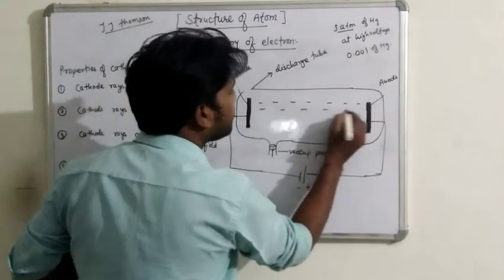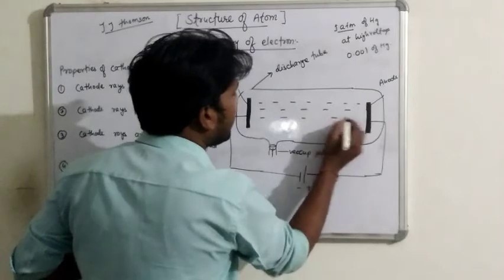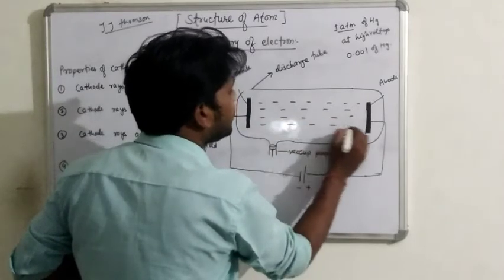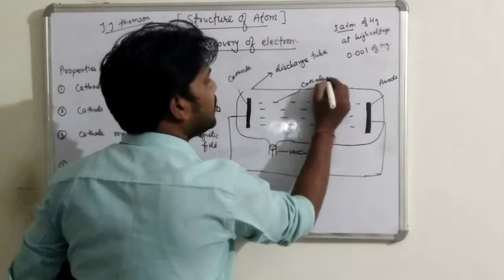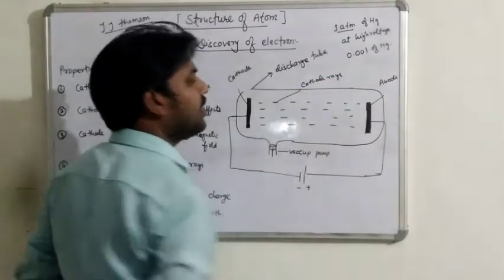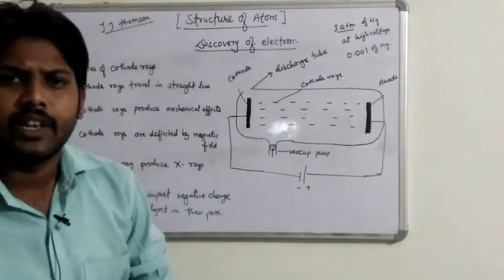Clear students? These rays were called cathode rays. Now clear students?